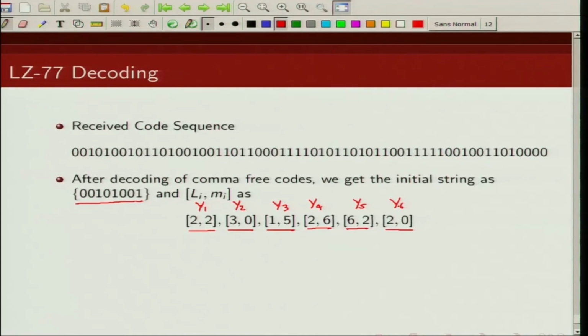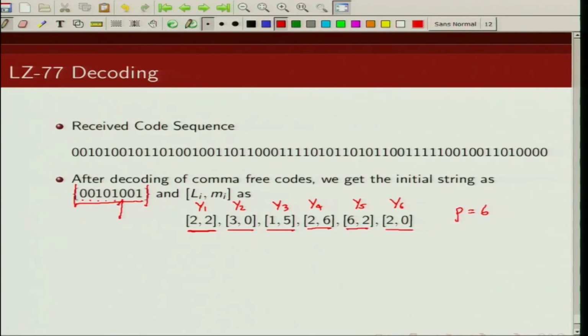And what is the procedure? I start with the initial dictionary, which is this. I look at a match of length 2 which starts at m equal to 2. So m equal to 2 corresponds to p equal to 6. So I look at location number 6. What is that? 1, 2, 3, 4, 5, 6.